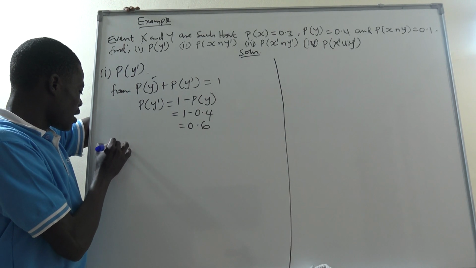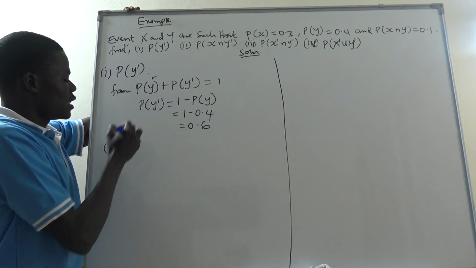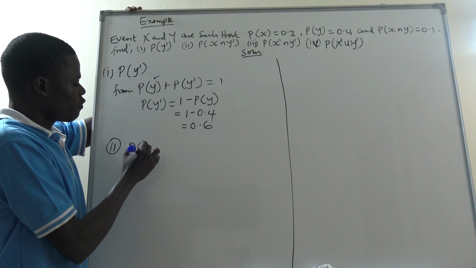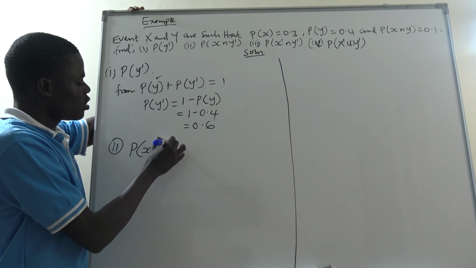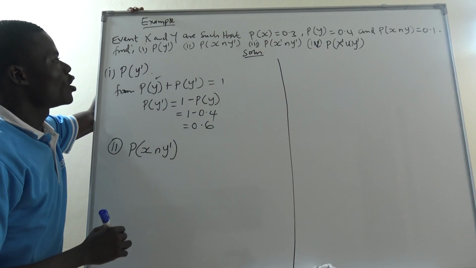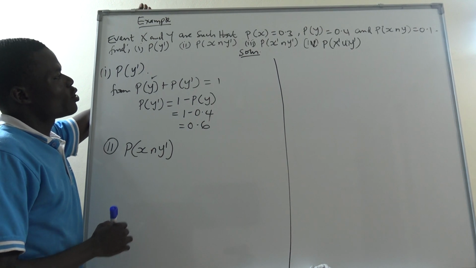Then Roman 2 is asking for the probability of X intersection Y complement.